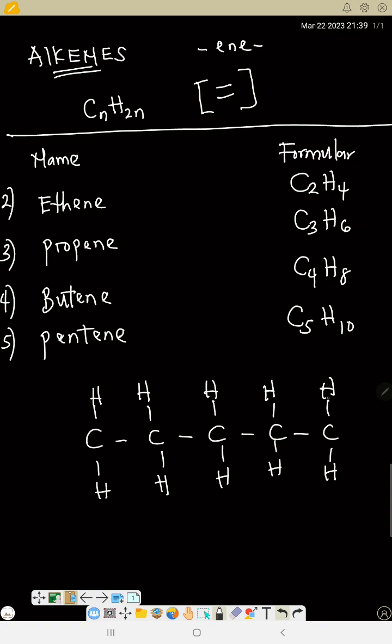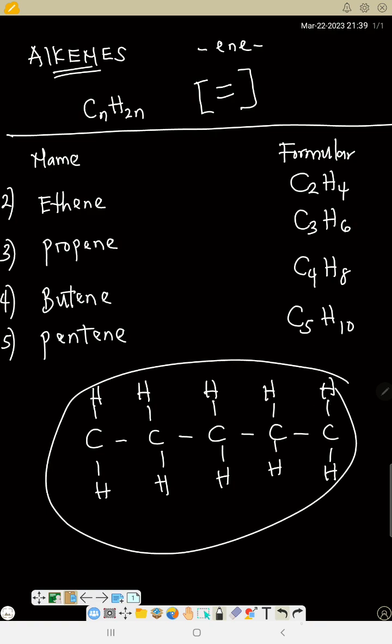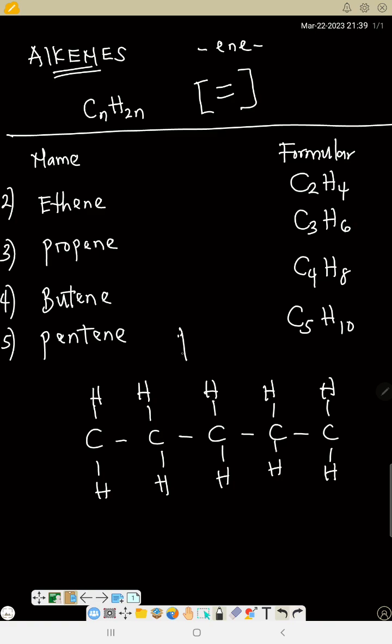So this is normal. If I look at this, this is butane, sorry, pentane, because of single bonds. So it's pentane, but in pentane we have additional hydrogen here. So this one is short of 2 hydrogen, it should be C5H12.